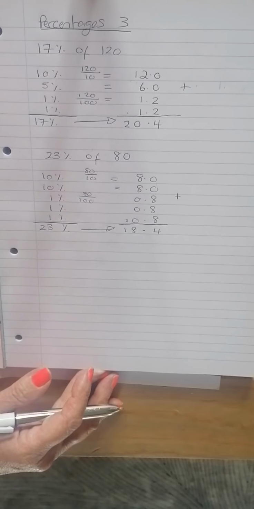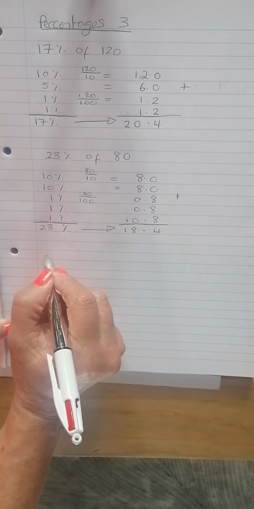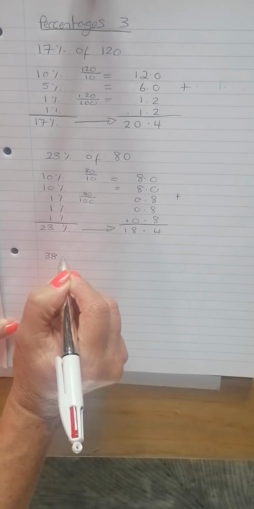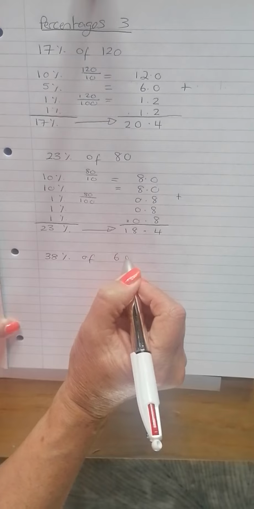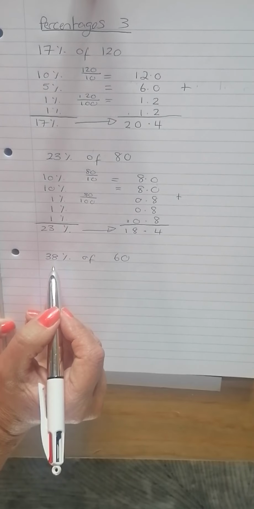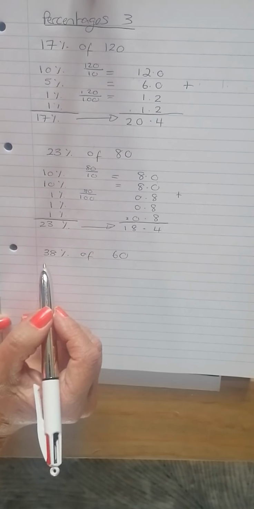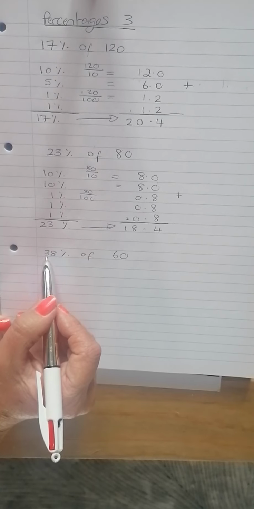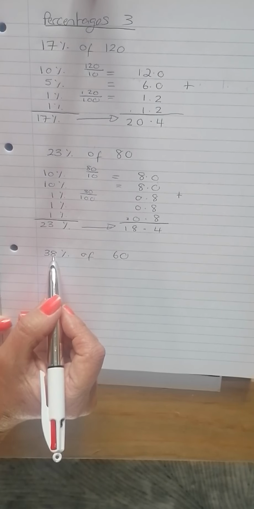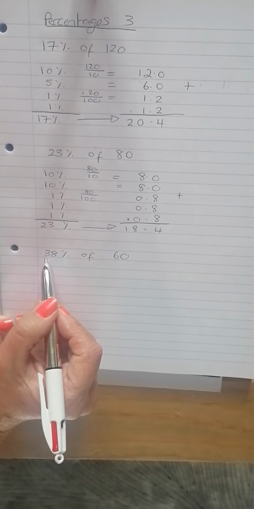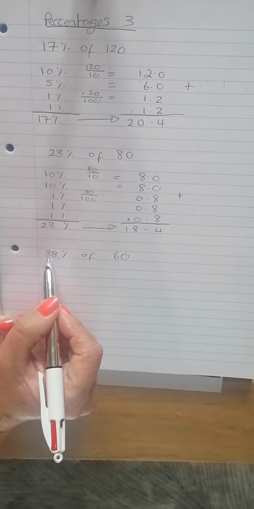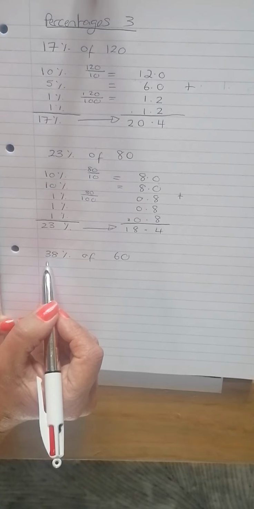Let's do one more. Let's do, let's say, 38% of 60. To get 38%, there's different ways you can approach it. You could find a 10%, a 10%, a 10%, a 5%, and then 3 ones. Or you could find 10, 10, 10, 10, that would be 40%, and take away the 2 1%.